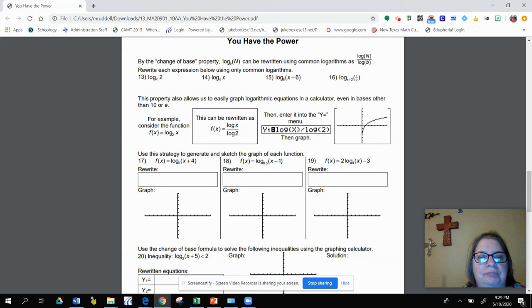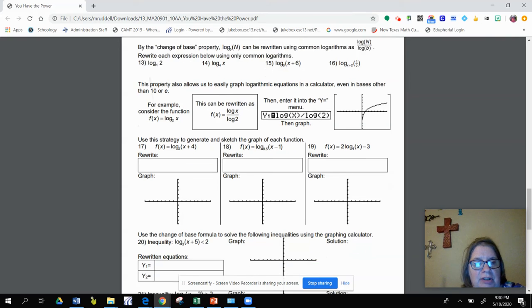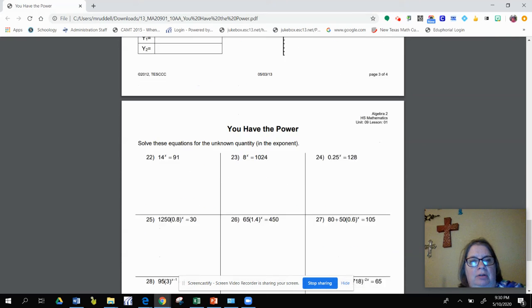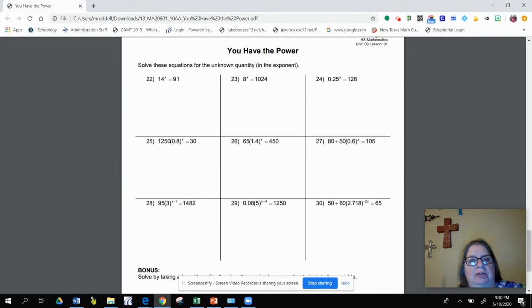It talks about easily graphing logarithmic equations in a calculator, even with bases other than 10. You don't need that for the calculators that we use at Robinson High School and most other schools everywhere. Now you can do any log of any base. It doesn't have to be base 10. So we're skipping this page. We're going to do this page, and we're done.